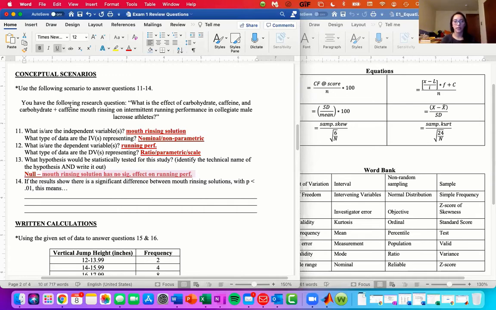Kind of just depends on what you're looking at. Since we specify there's an effect here, that is what goes into your null. Okay. But remember that the null and the research hypothesis are mutually exclusive, right? And we can have a directional hypothesis or non-directional hypothesis. Wait, have I covered that with you guys yet?